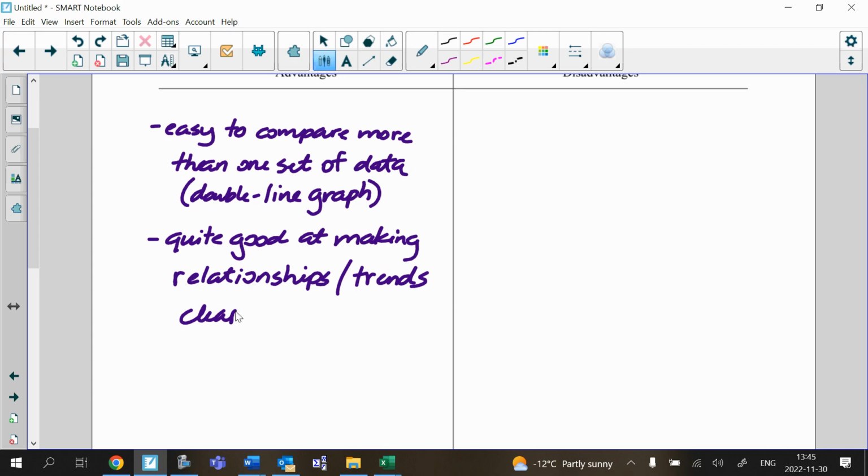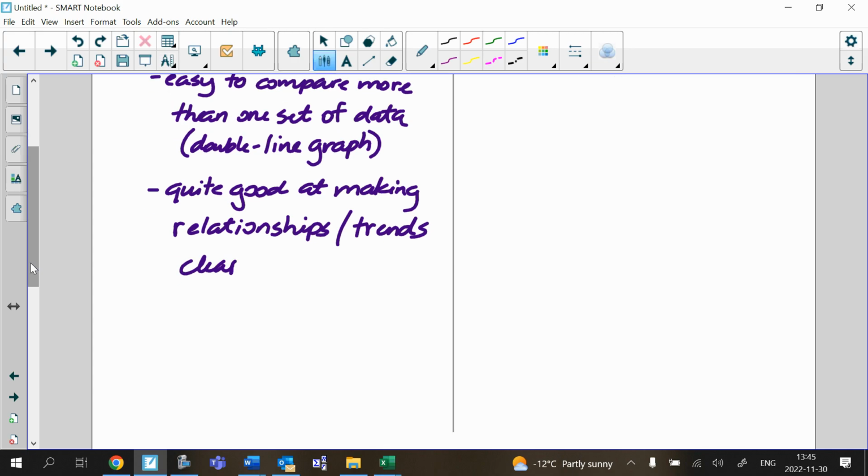And any data that doesn't fit the trend will be obvious. Something that we refer to in stats as an outlier, or something weird has happened.